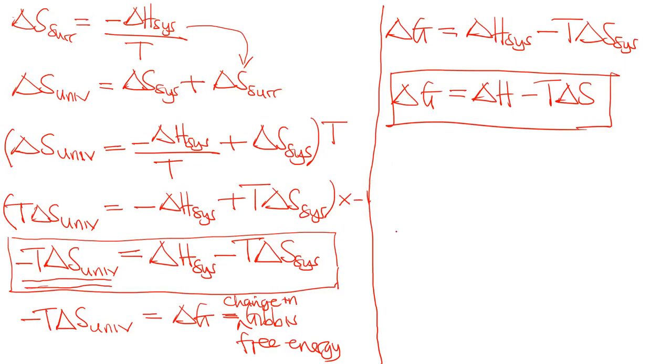Now, once you get the delta G, you can be sure that you will know if this reaction is spontaneous or non-spontaneous. And in terms of a state property, if you are not dealing with change, you will say G is given by H minus T S.